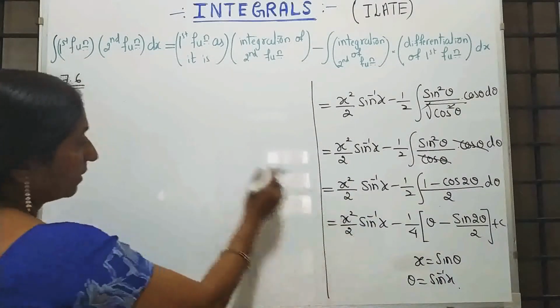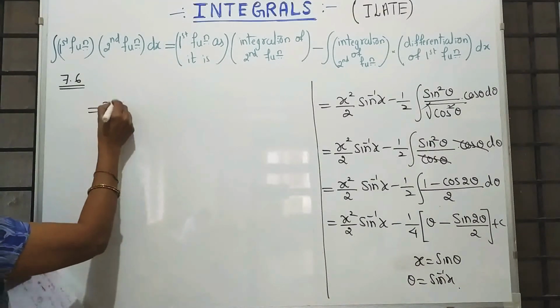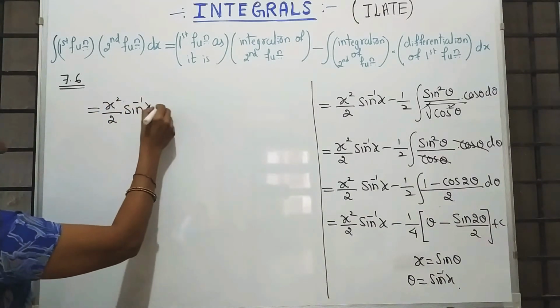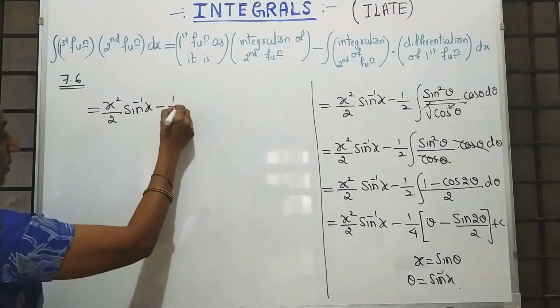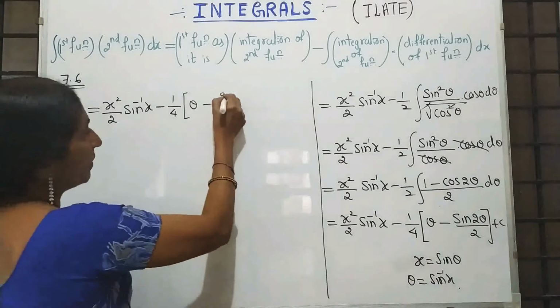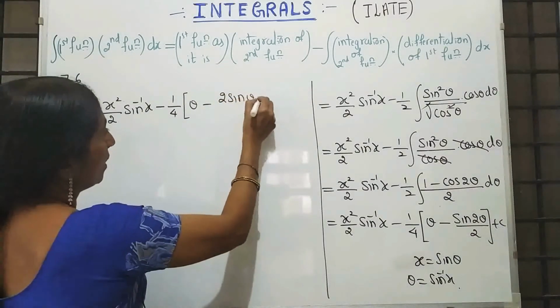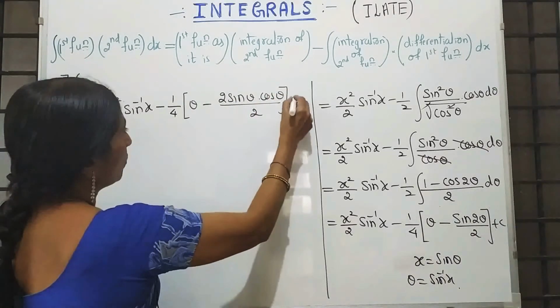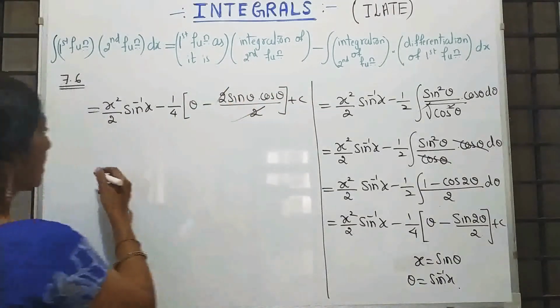So I am writing this equation once again here. x square by 2 sine inverse x minus 1 by 4 theta. Sine 2 theta I am writing as 2 sine theta into cos theta divided by 2 plus c. This 2 and this 2 get cancelled.